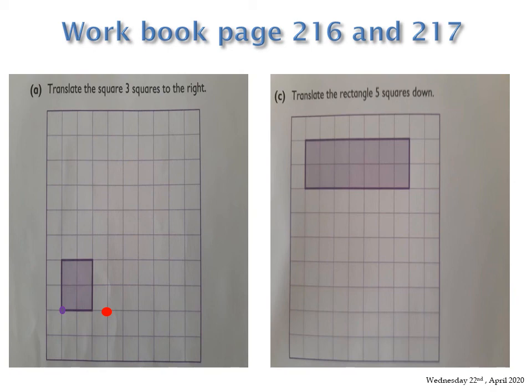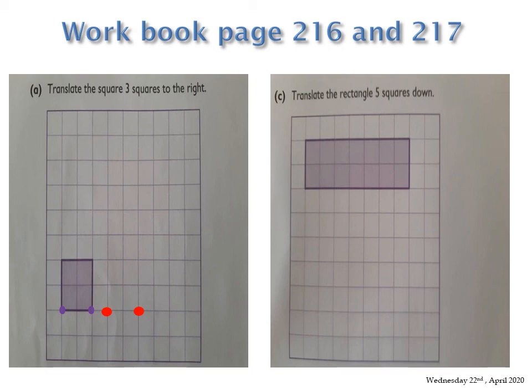Let's see point 2. Point 2 is here. Let's count now 3 squares to the right. 1, 2, and 3. This is where the new point 2 will be. Now remember that I said something to you. If you are able to get your first point correctly, you are very unlikely to make a mistake in the other parts.